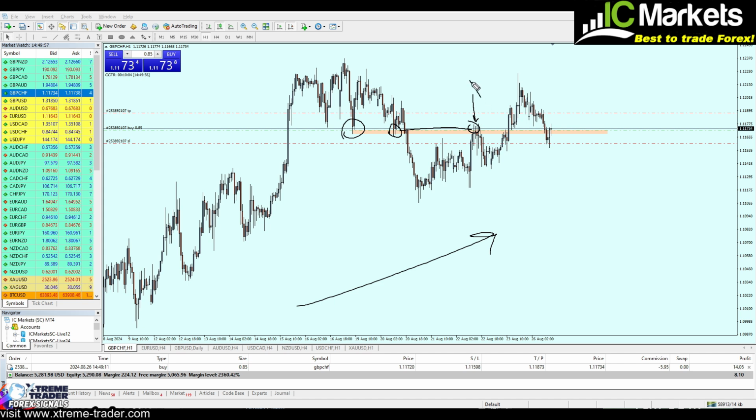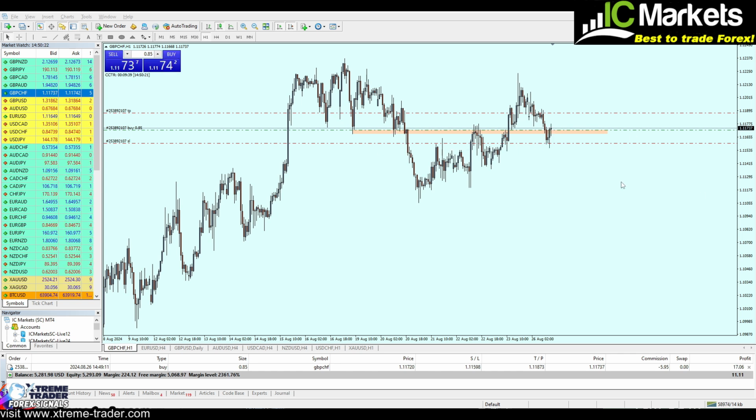So here we have a resistance number 1 with only 1 attempt, and instantly when the market made a second attempt at the resistance, it broke out from it, which means that the level of a broken resistance has become a support. And right now we can see that the market is indeed rising above that level of a previous support, and again that level of a support most likely is going to be respected.